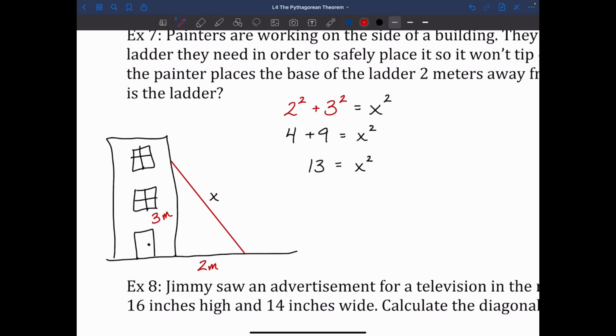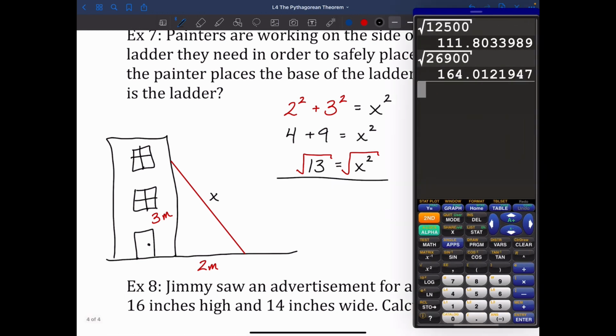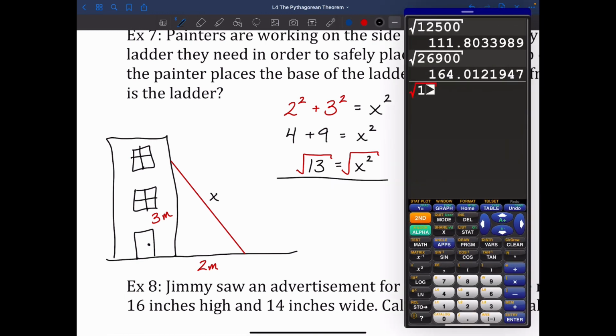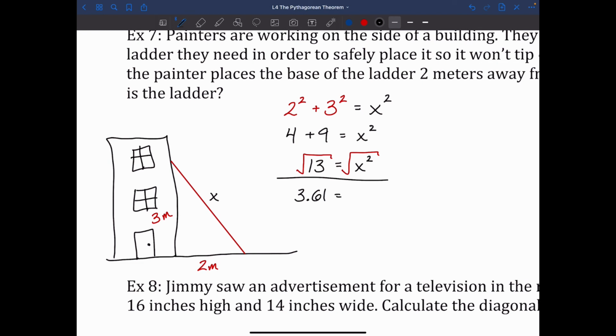Then our last little bit to solve this is to take the square root. The square root of 13 is, let's find out, call it like 3.61. So 3.61, and again, word problem, meters.